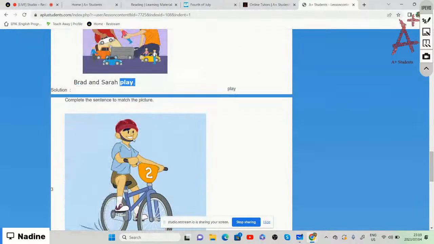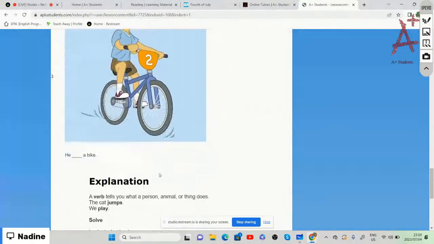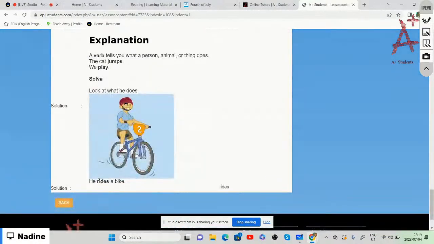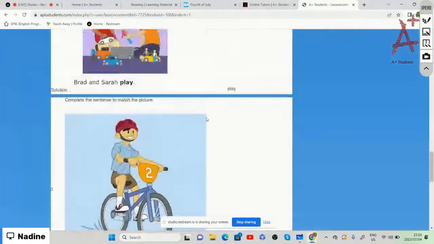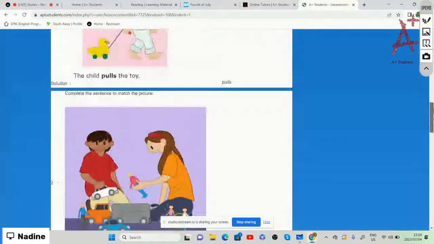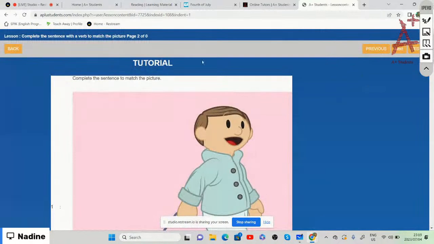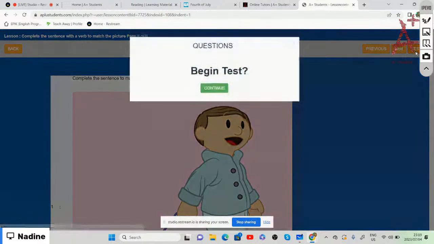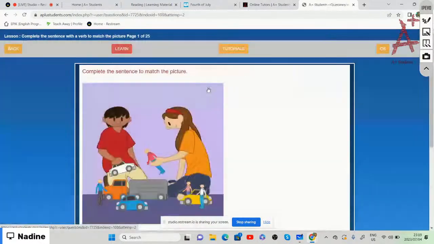And once again, this is the same picture that we had earlier where it says he rides a bike, right? All right. So let's first go to our test to see if we are able to match the pictures or the verb with the correct picture. So let's go to our test.